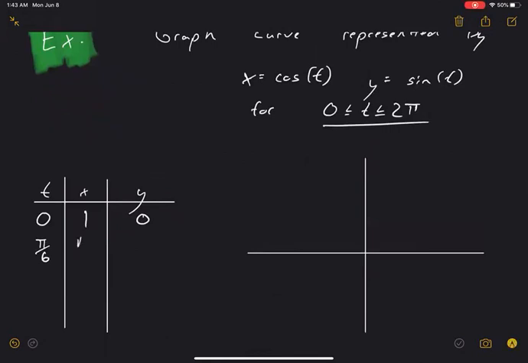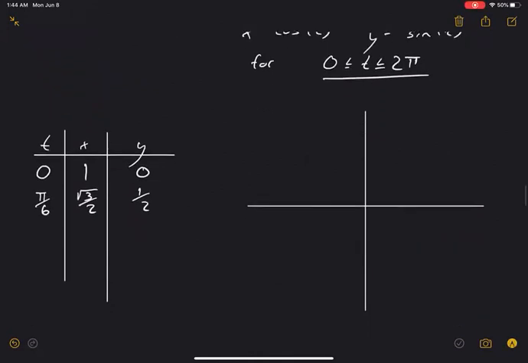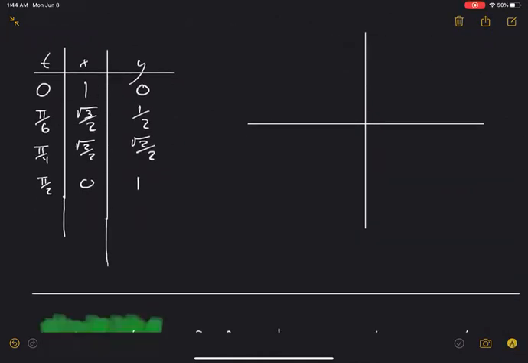At pi over 6, my x would be square root of 3 over 2, and my y would be 1/2. At time pi over 4, I'll get square root of 2 over 2, square root of 2 over 2. At time, let's jump to pi over 2, I'm at 0, 1.